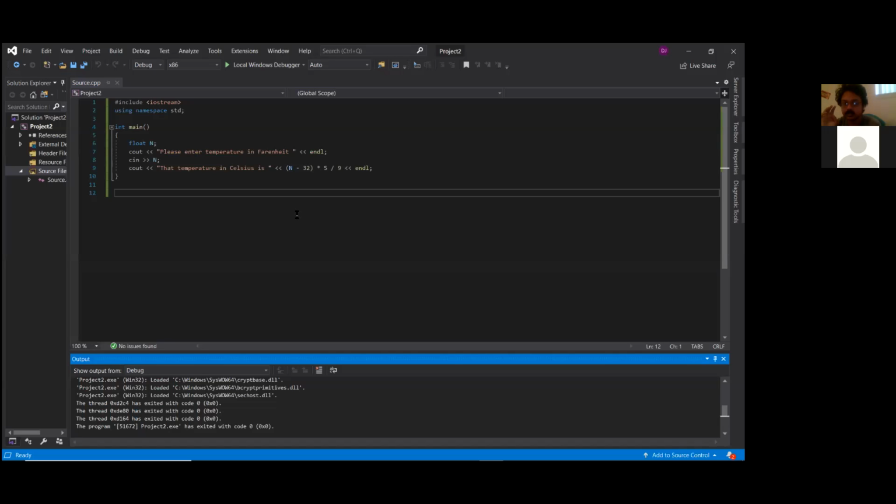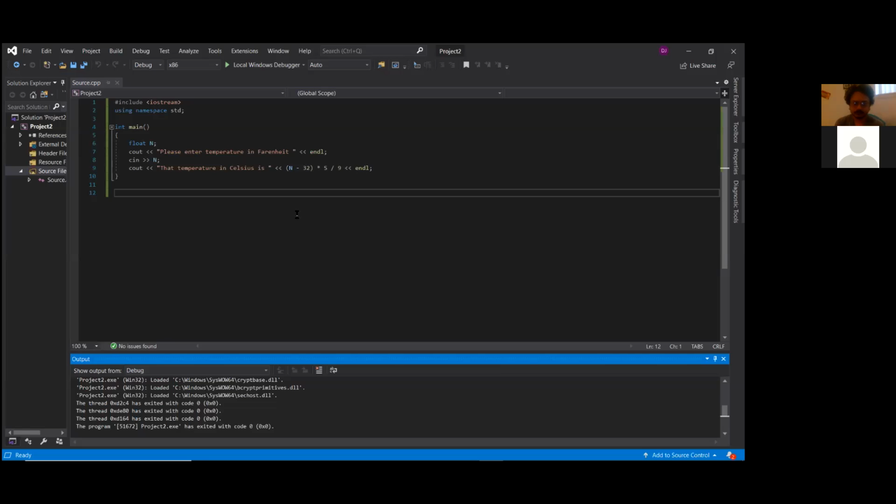In that situation, sometimes it would just give you 0. A more robust way of writing this code would be 5.0 divided by 9.0. That enforces the condition that it has to be a floating point division. Does that make sense? Yeah.